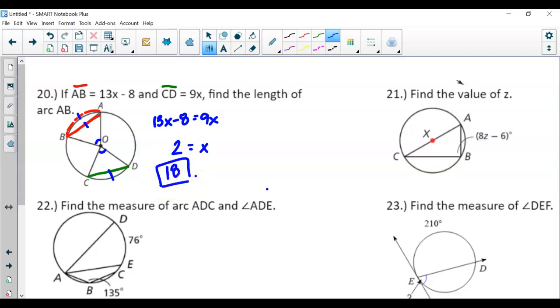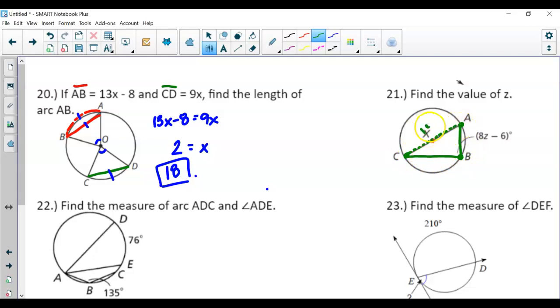Now 21, you're looking for the value of z. Z here, this expression is at angle B. Now notice, B is on the circle. So this is now inscribed. But also notice how the endpoints for this inscribed angle for angle B are the endpoints of the diameter.